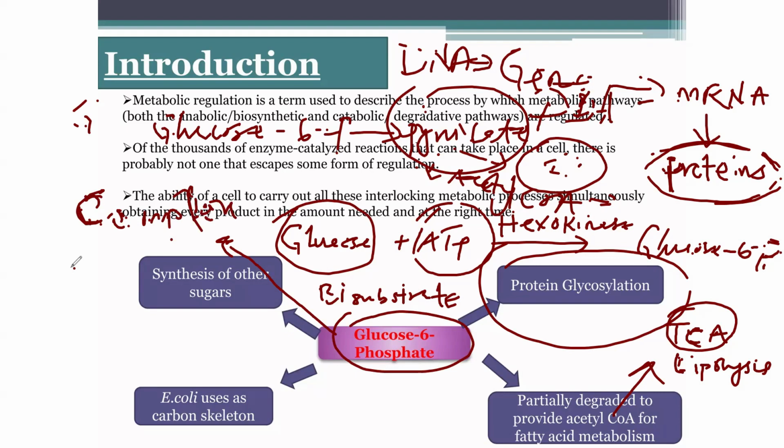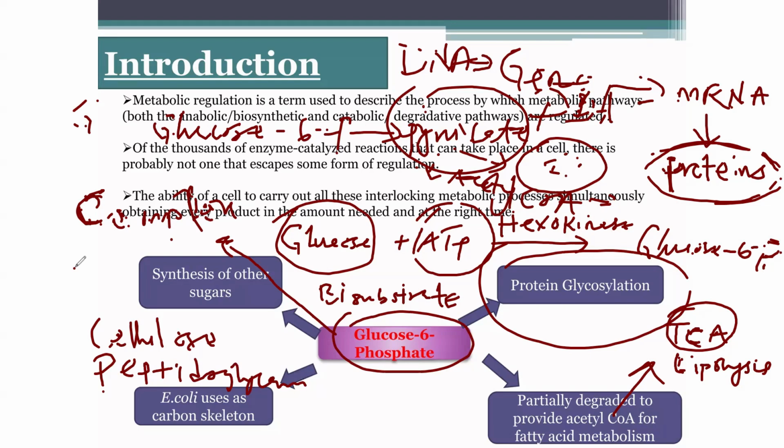And this complex carbohydrate can be cellulose, which can be used to synthesize the cell wall, or it can be peptidoglycan. So these are some of the importance of this glucose phosphate. And at the same time, E. coli can use it as a carbon skeleton.